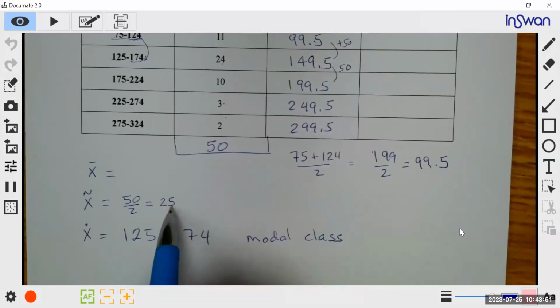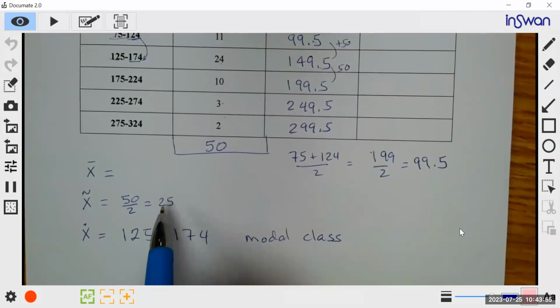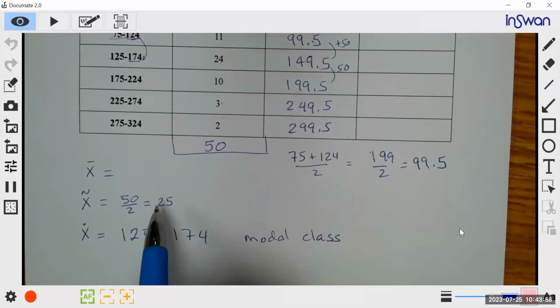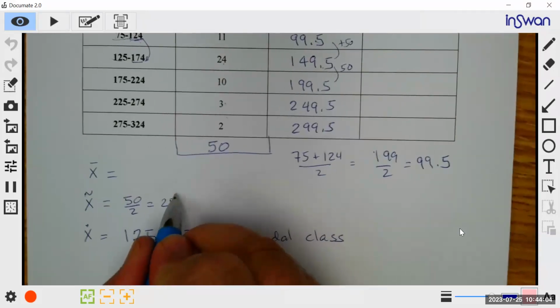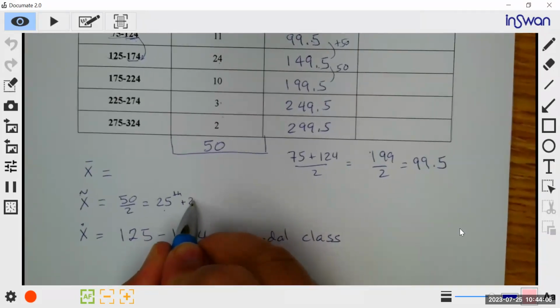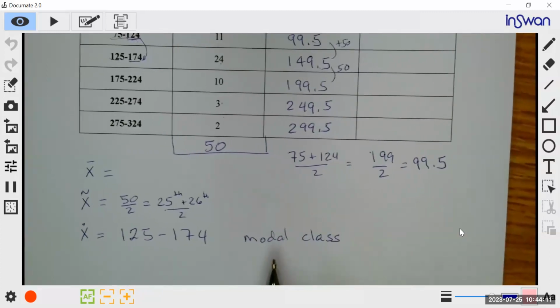So what's the 25th number? In order to find this, I need to find the 25th and the 26th numbers and divide by 2. I need a running total.